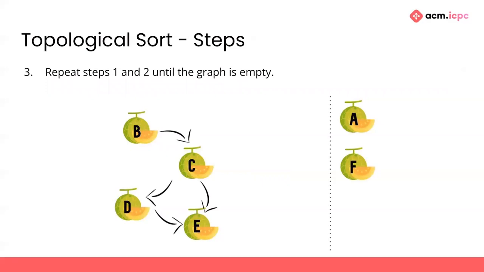So next we selected F, which also had integrity 0, and we placed it in the output. Then we'll remove B and put it in the output again.